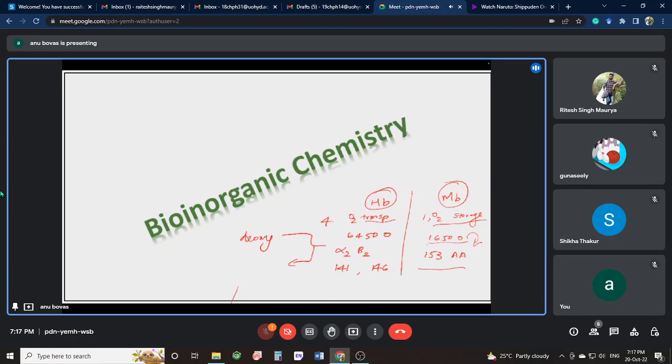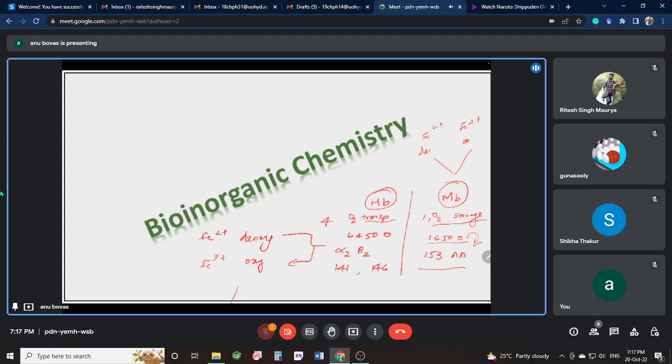We also learned in the last class that both hemoglobin and myoglobin have a deoxy as well as an oxy state. In the deoxy state, the iron exists as Fe2 plus in both cases.